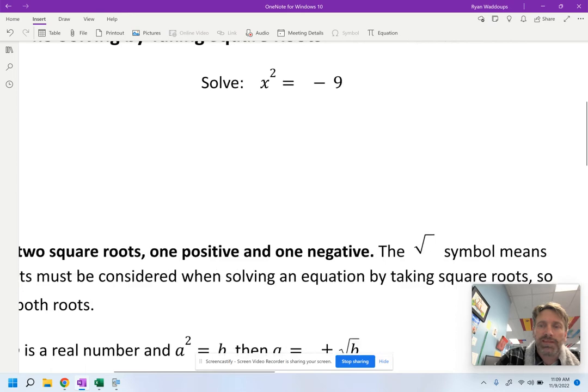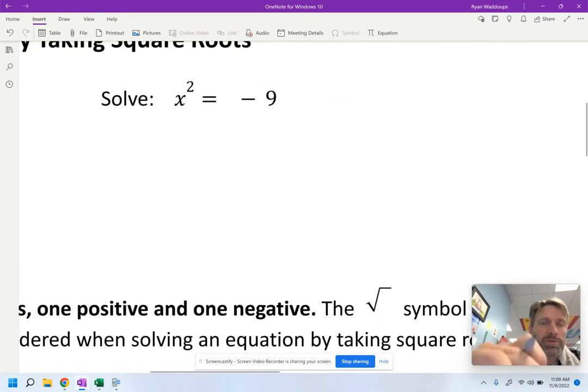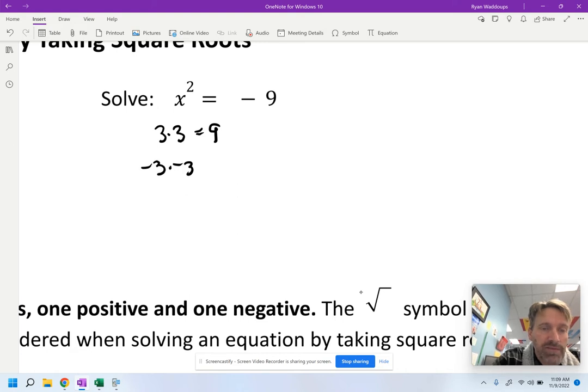Now, if we go over here and try to apply that to this other scenario, what number multiplied by itself equals -9? In this scenario, you can say, well, that's not possible in the real numbers because 3 times 3 is 9, it's positive, and -3 times -3 is also 9.